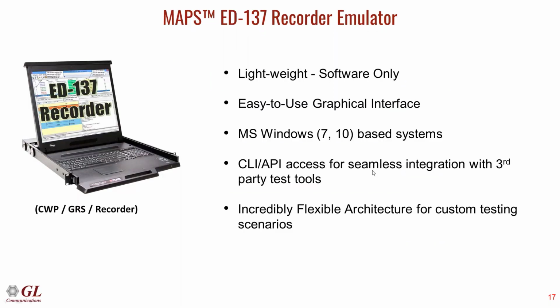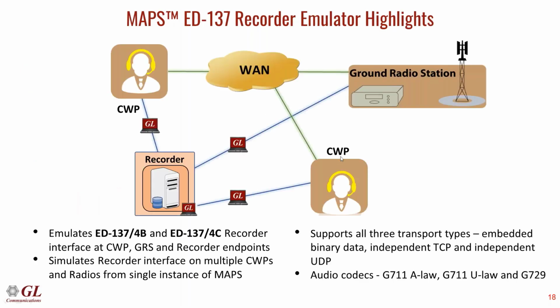The recorder emulator again has the same specifications as telephone and radio. Here in this diagram, we are showing the recorder interfaces that we can emulate at the controller working position or at the ground radio station, or we can even act as the recorder itself to receive these streams and record the audio and the call detail records.